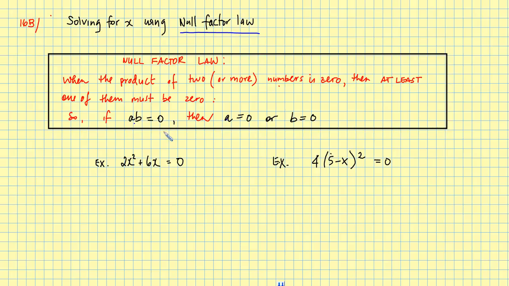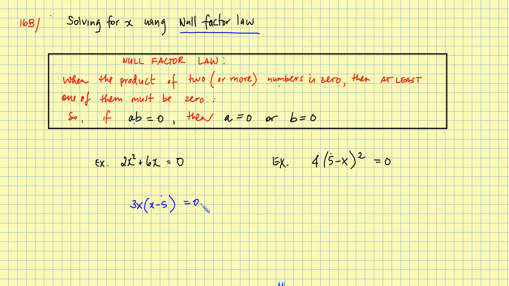I'm thinking of some examples that could work, such as, possibly, I don't know, 3 times x, or 3x. Let's do 3x times x minus 5. So let's do 3x times x minus 5 is equal to 0.